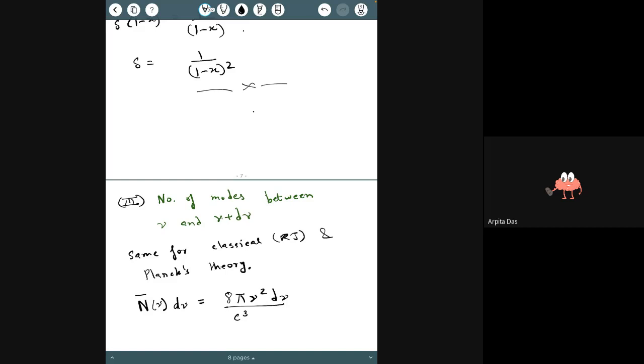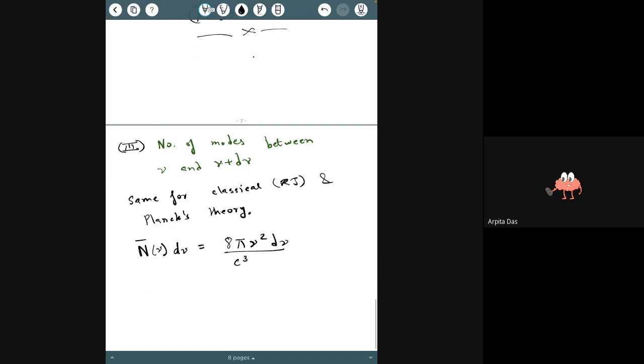So this was what we got before. Now we go to the spectral energy density for Planck.